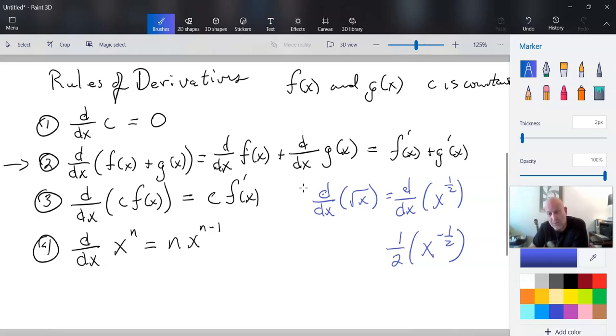So since I started with a root, it's appropriate to end with a root as well. So the negative exponent means that this is now 1 over 2x to the 1/2. And now this is x to the 1/2, so that means it's a square root. And you notice we get the exact same expression that we got from the difference quotient: 1 over 2 times the square root of x.